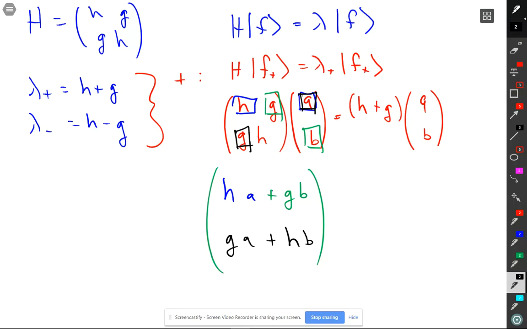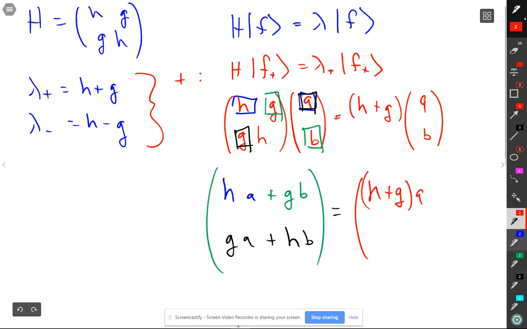Now we go to the right-hand side of the equal sign, and this is equal to, and this is easier multiplication, H plus G times A and H plus G times B. Now, this whole linear algebra is just a way of rewriting equations. This is two separate equations.